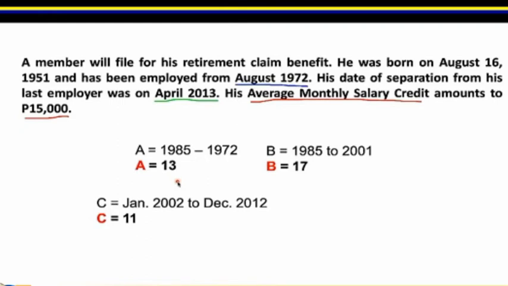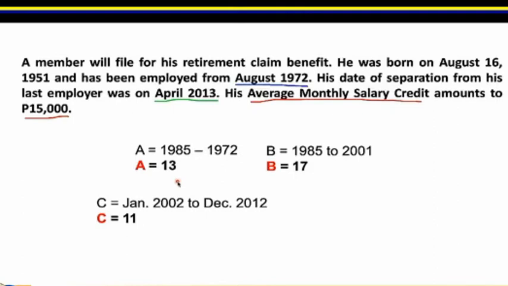Let's assume na from 1985 to 2001, merong at least 6 monthly contributions sa mga taon na yun. So what we would do is to count from 1985 to 2001. Dear participants, do not just subtract 1985 from 2001. Wag po tayo ganun mag-count, no? Don't just subtract. What we would do is to count it manually talaga.